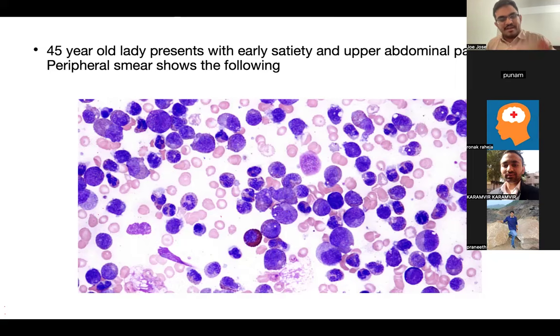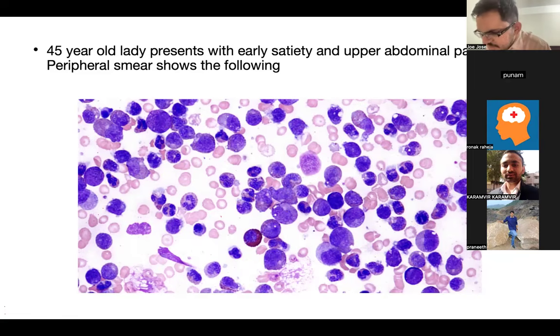You can see multiple precursors of myeloid origin, and usually in the peripheral smear you'll get a myelocyte bulge. Like you said, you can also see basophils and eosinophils as well. And there doesn't seem to be an increase in blasts. So based on the symptoms as well as the peripheral smear, it's a possible chronic myeloid leukemia, possibly in CP, although you have to confirm later.